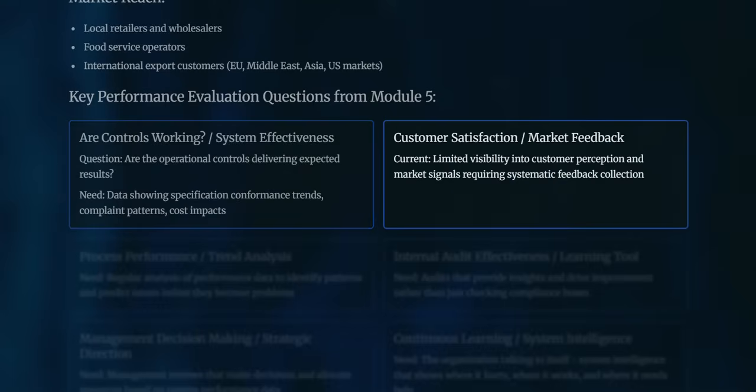The second question from the previous module is, are customers satisfied? Through market feedback, we can analyze that. Currently, we have limited visibility into customer perception and market signals, requiring systematic feedback collection.